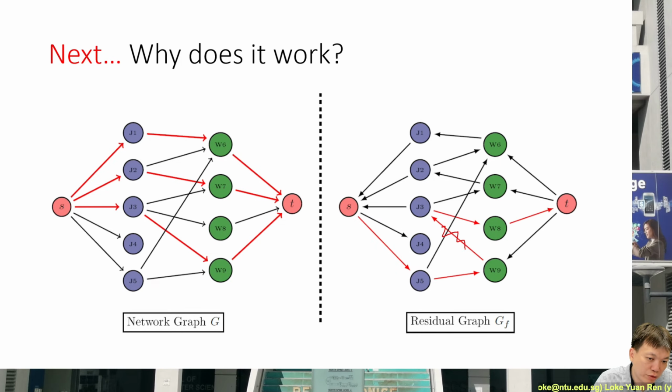When you run until the fifth iteration and try to find a path from J5 to W9, you get stuck. There's no path from S to T anymore, because you removed this particular edge.